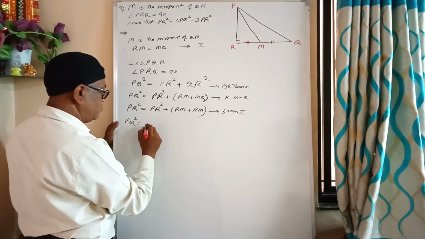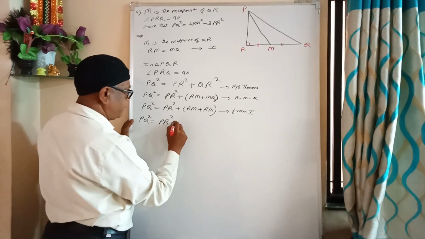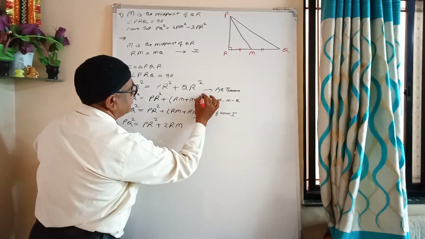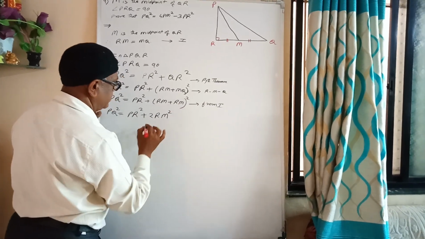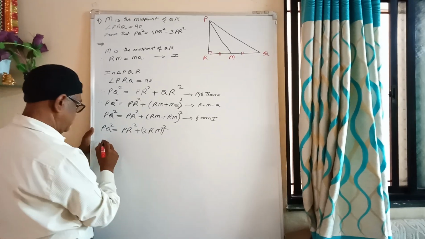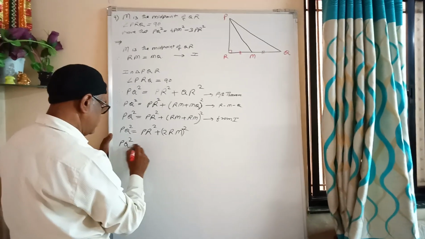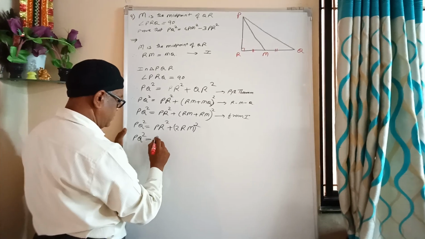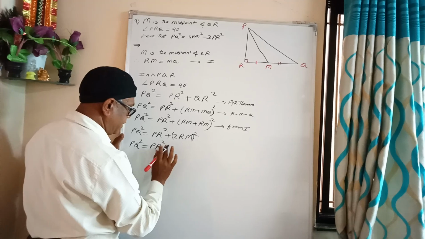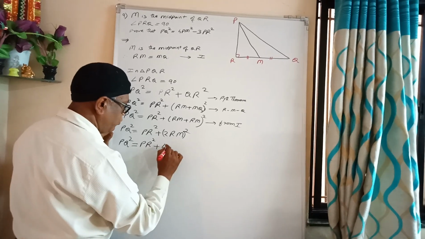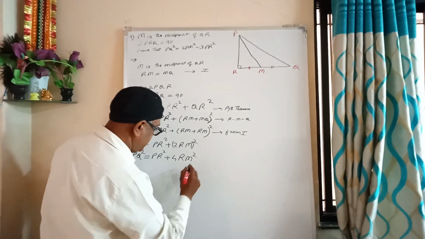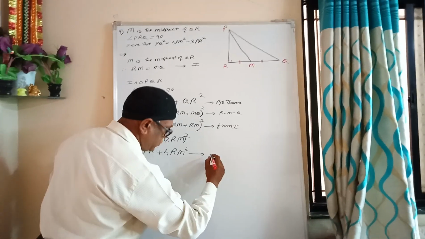PQ square is equal to PR square plus 2RM whole square. Therefore, PQ square is equal to PR square plus 4RM square. This is equation number 2.